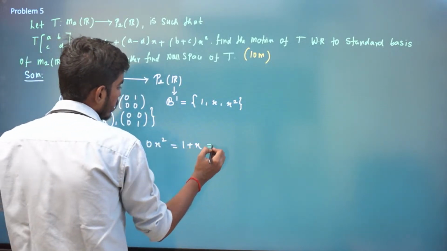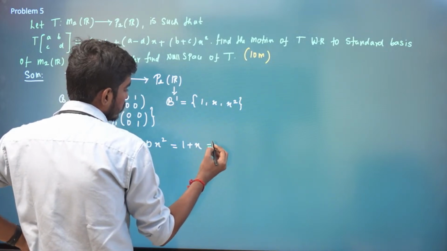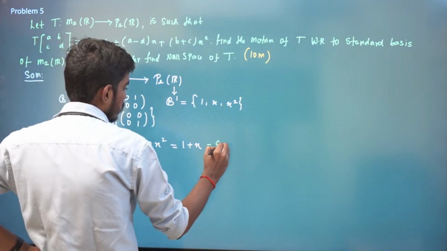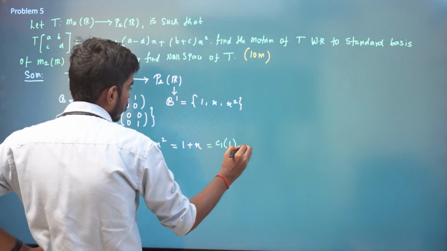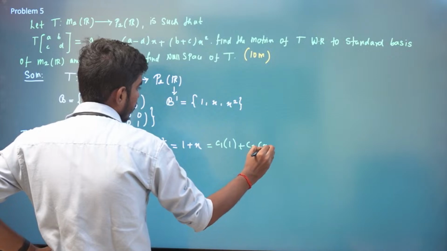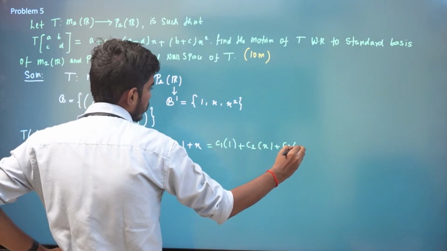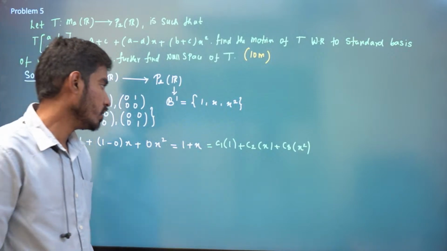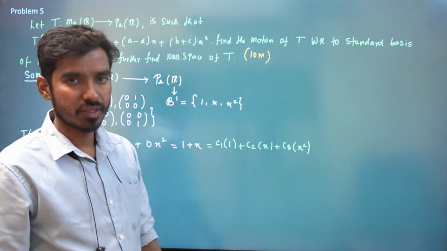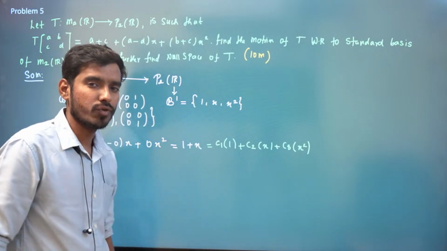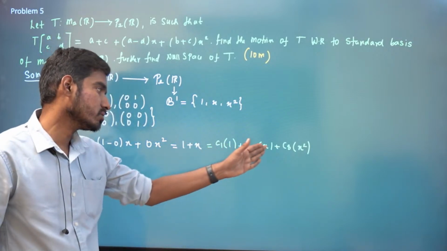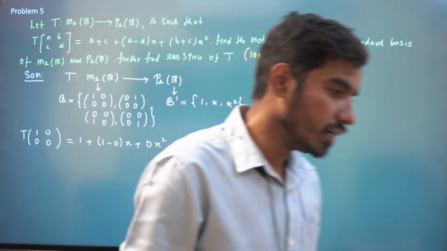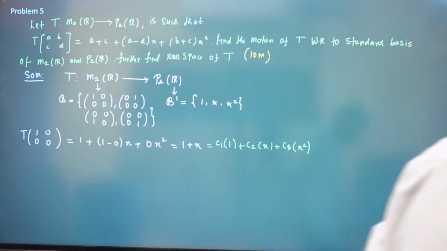Let us say some c1 times 1 plus c2 times x plus c3 times x square. Obviously c1 will be 1, c2 will be 1 again, c3 will be 0. I already said, if it is a standard basis, then it is very easy to find those linear combinations, right?